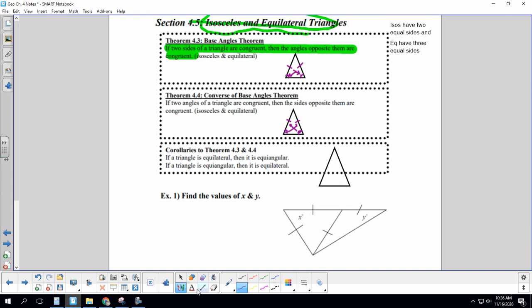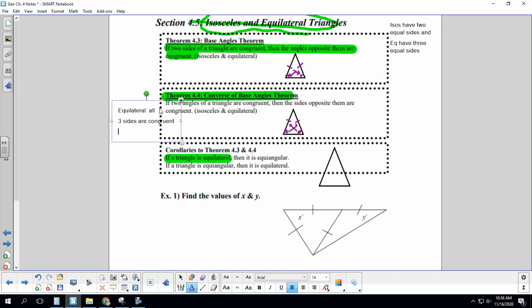And then this is one of my favorites. Let me give you the definition of equilateral. Equilateral means all three sides are congruent.